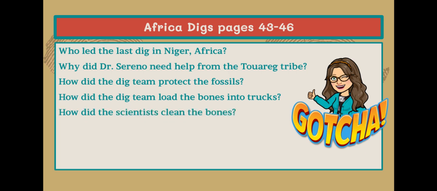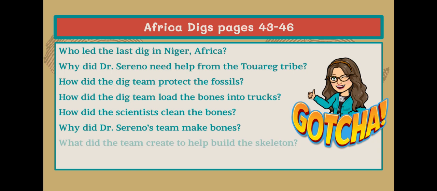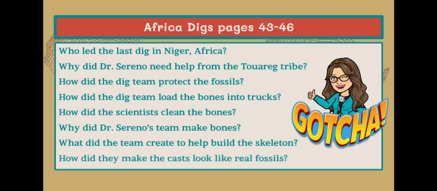How did the scientists clean the bones? Why did Dr. Sereno's team make casts of the bones? What did the team create to help them build the skeleton? How did they make the casts look like real fossils? You will learn the answers to these questions in the passage.